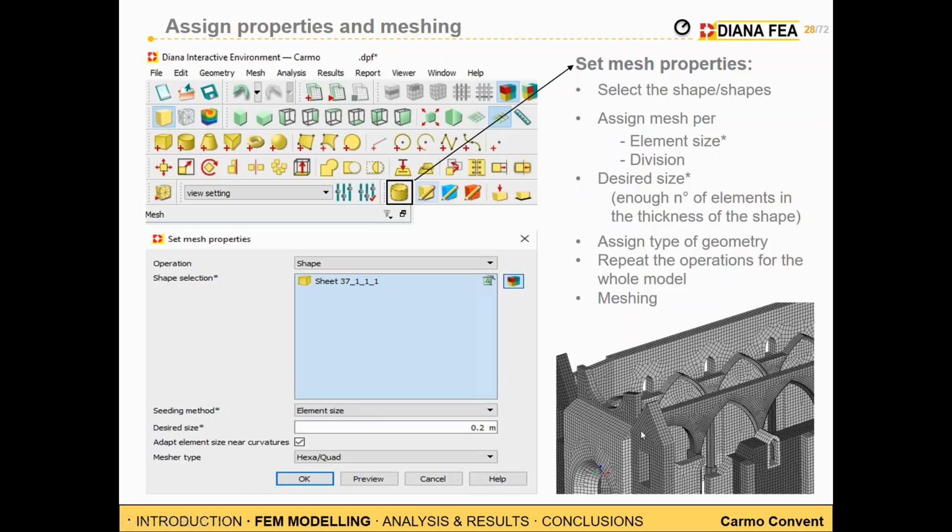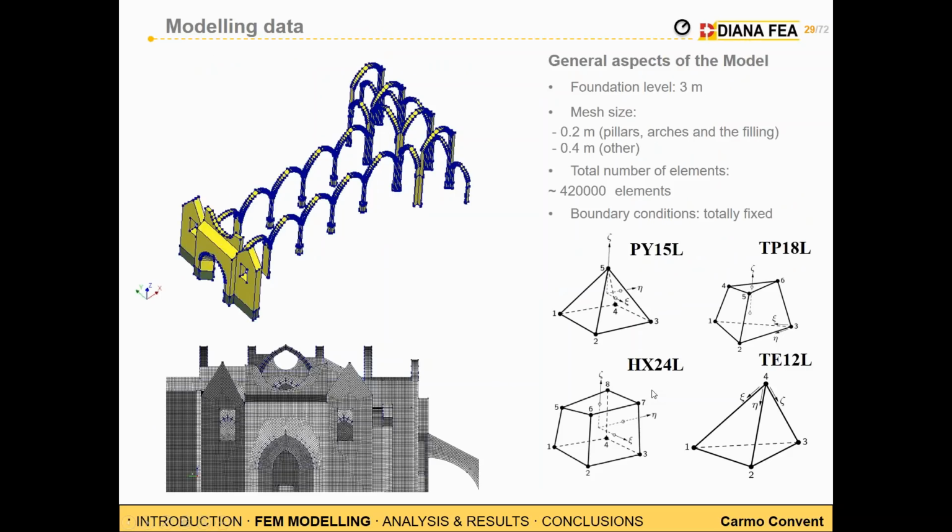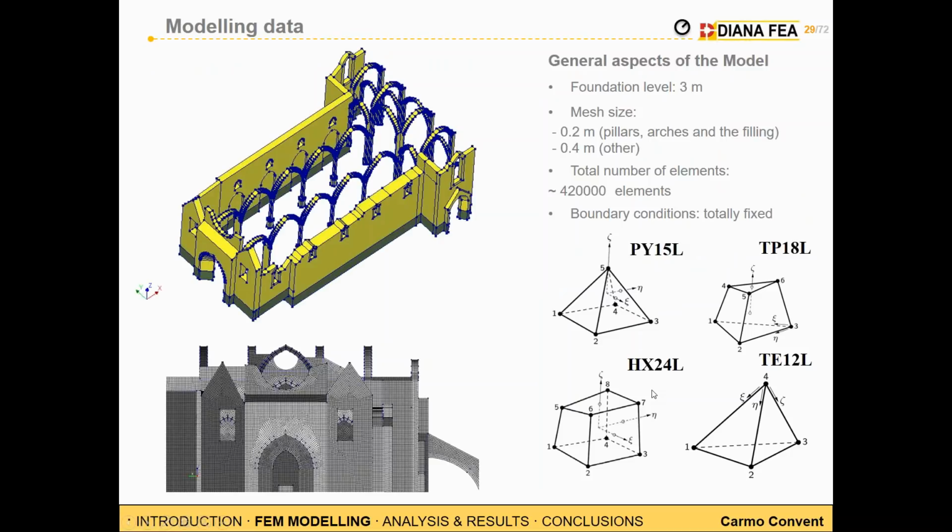And it's important to assure the presence of at least 2-3 elements along the thickness of each part of the model in order to have consistent results later on. And then we can click here for meshing the whole model. Okay, this is the whole model.